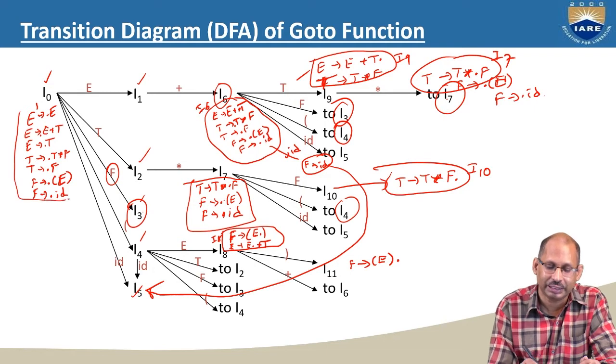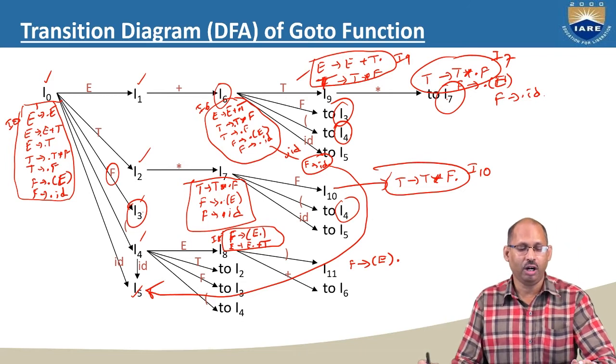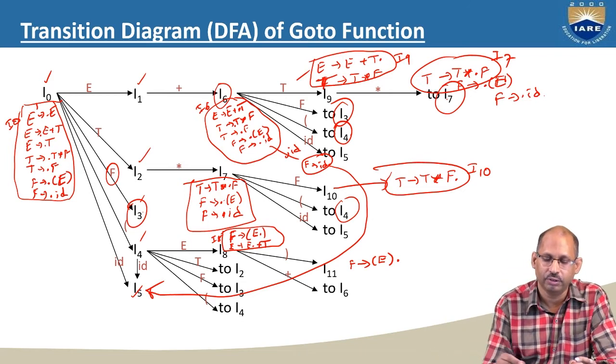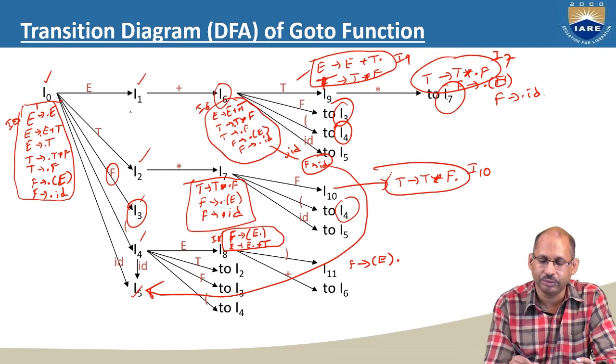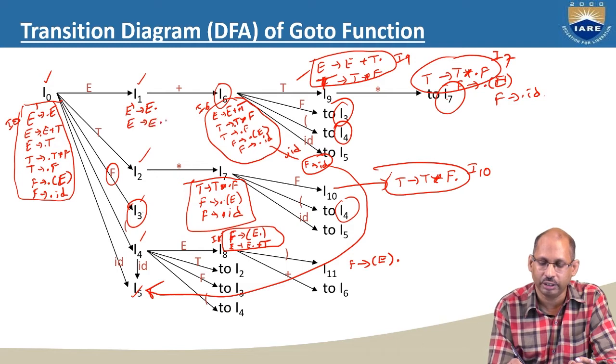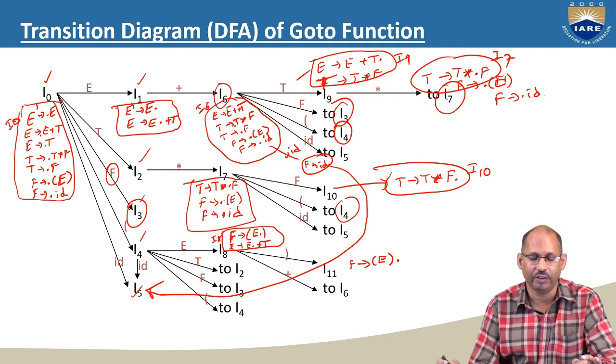So this is our I0 group. I0 on E is I1. What is I1 here? E' → E., and E → E . + T. This is I1.